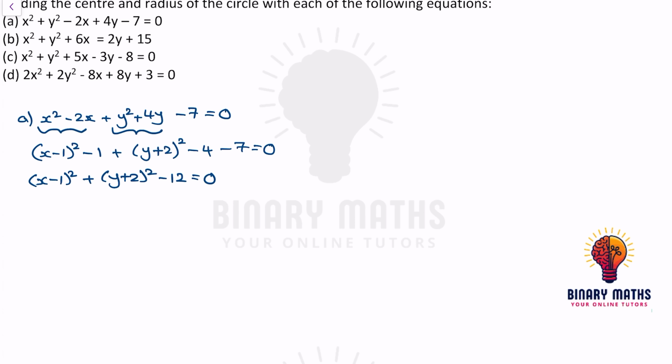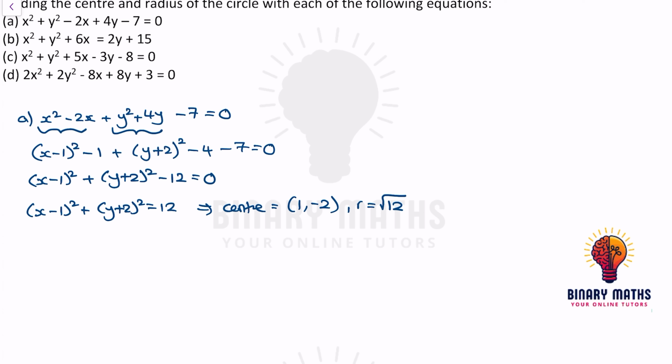I take the 12 over to the other side, so I get (x - 1)² + (y + 2)² = 12. Which implies the center is (1, -2) and the radius is the square root of 12. Remember, the right hand side is r squared, so r is the square root of 12.